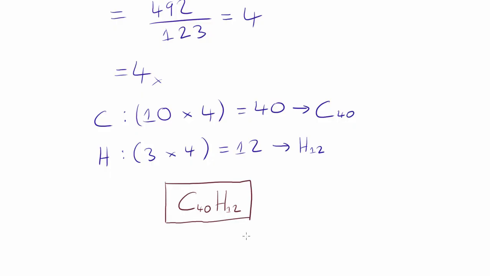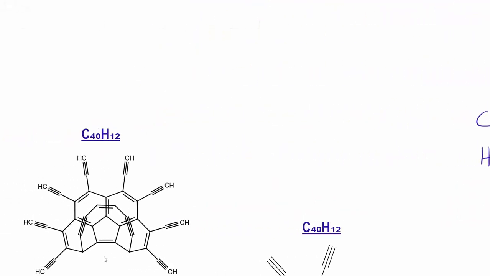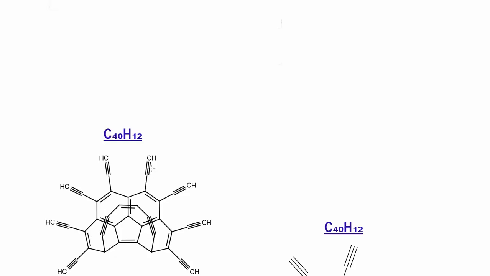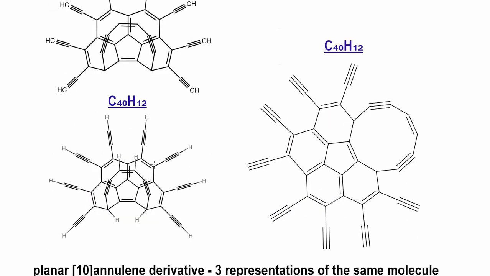Now, one of the things I would like to bring your attention to is a real life example of what C40H12 represents. This is an example of one of the molecules that actually does have the formula C40H12.